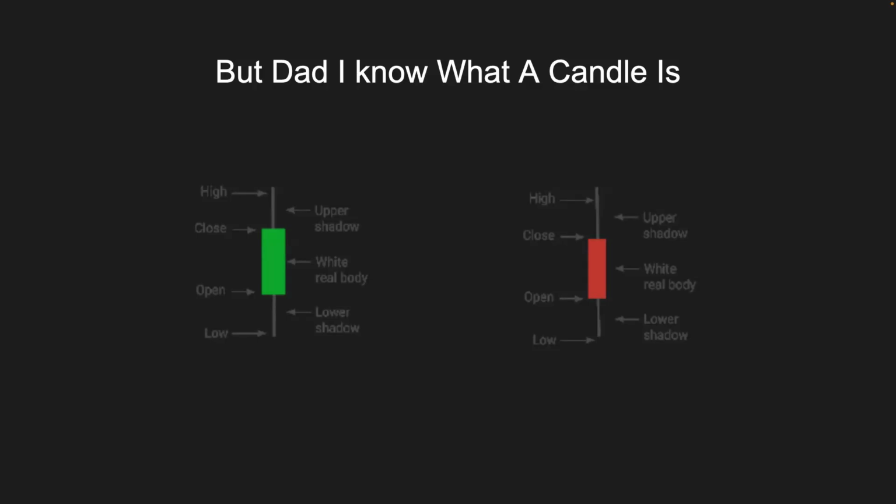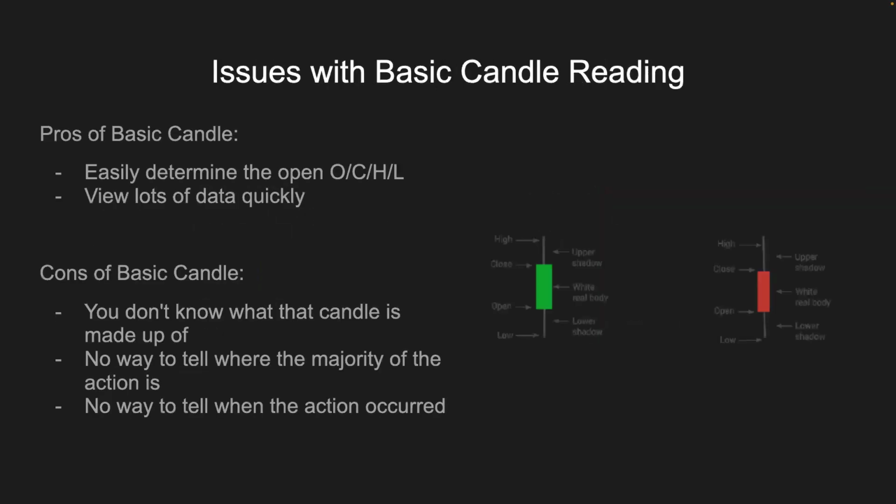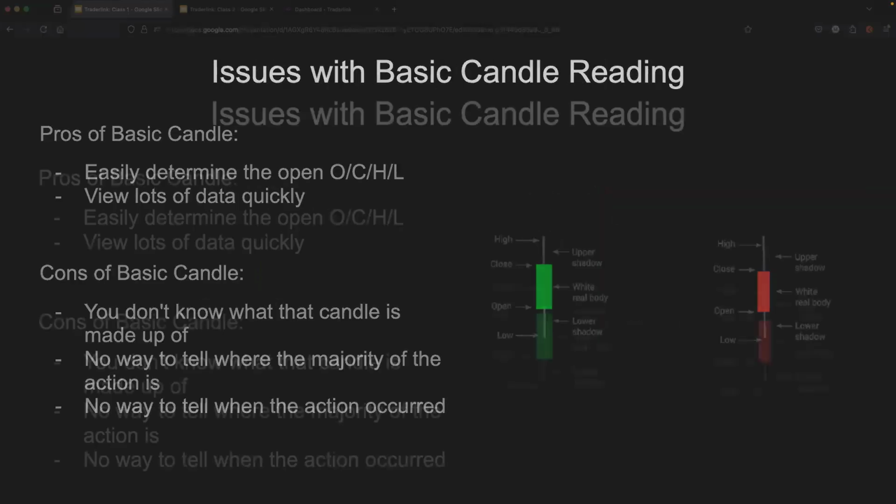Here we know that there are things inside of these candles, but just at first glance, we don't know where the majority of the action is happening, or really the composition, like where are things being bought, where are things being sold, without looking at something like the footprint chart, which gives us more clarity and helps us see what's inside of those individual candles. And ultimately, that granularity is going to give us the information that we need to make smarter decisions. And that's basically where we ended off last class.